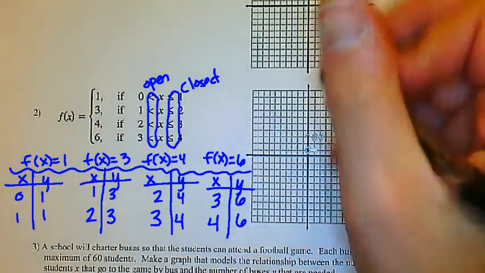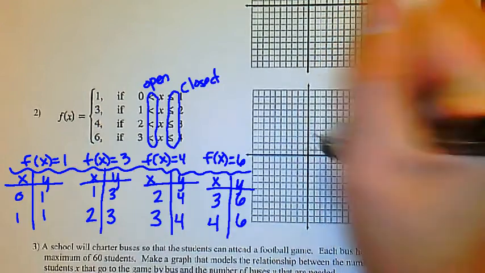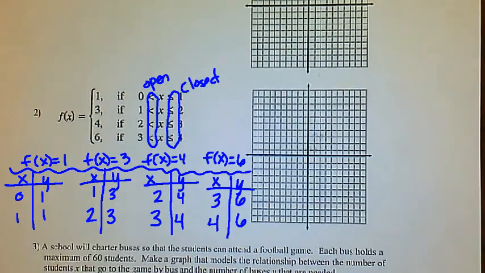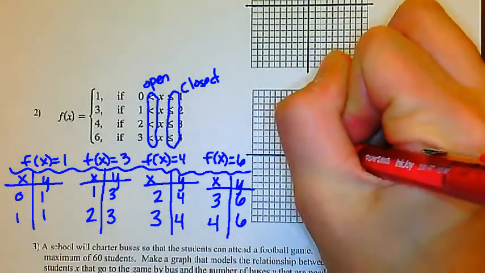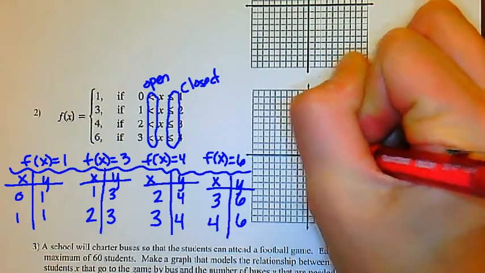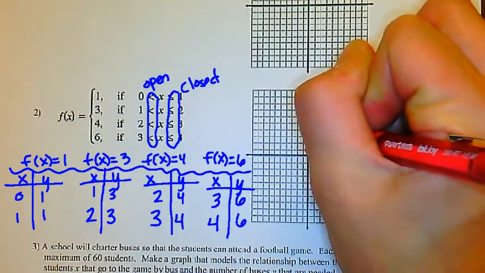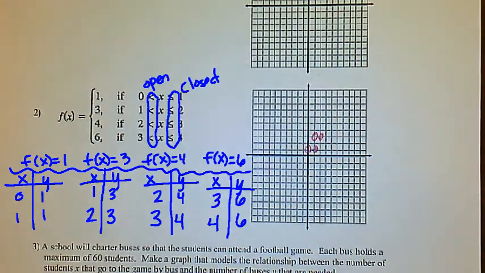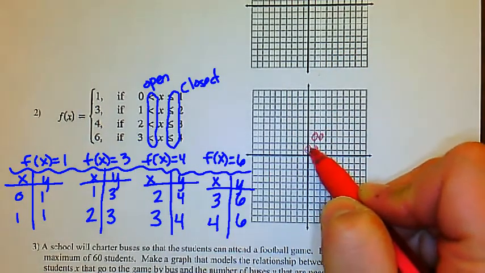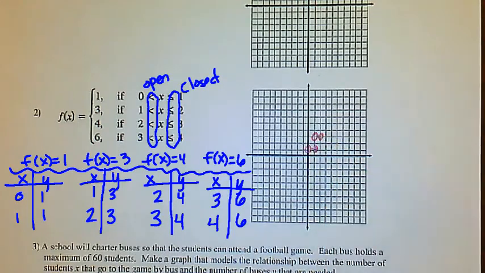Oh, I probably shouldn't use pencil. That doesn't look good. Okay, so open and closed and connect. Open, closed, and connect. Okay, so we're doing a little step. So there is a little line in between these 2 coordinates.